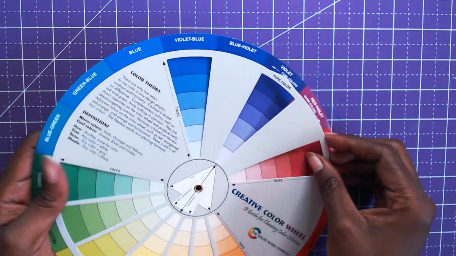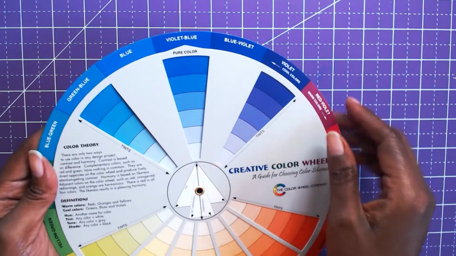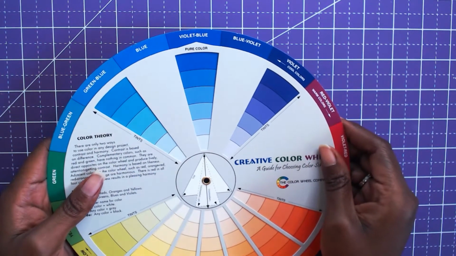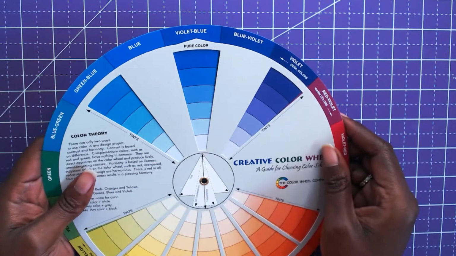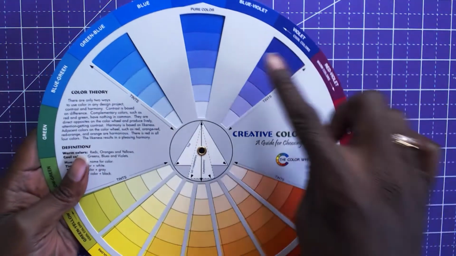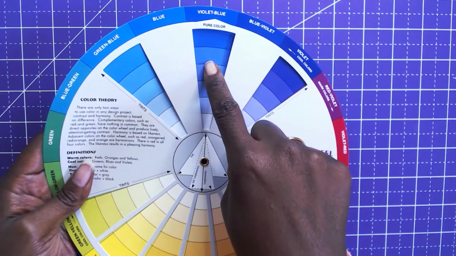Next, we will move on to the triadic colors. These colors are made up of three colors and are spaced equally on the color wheel. Just remember that they create a triangle shape on the color wheel. And now I will show you how they look on my color wheel.